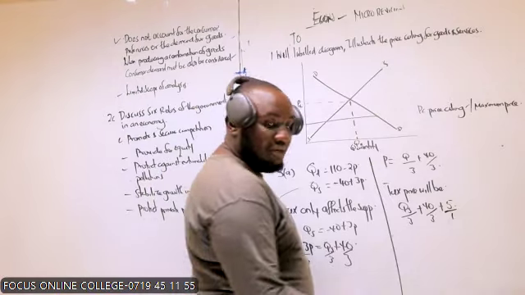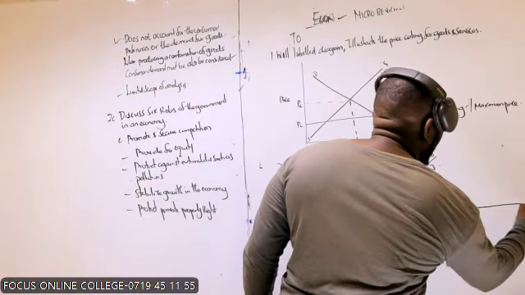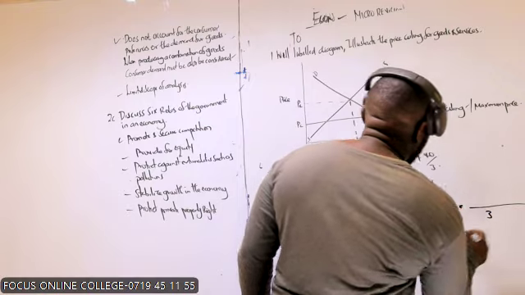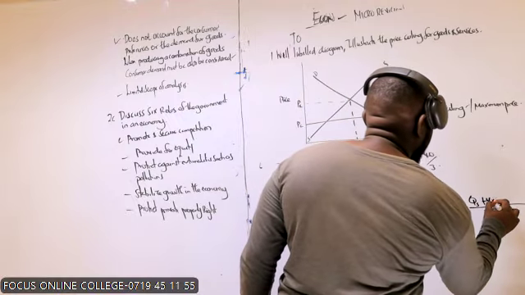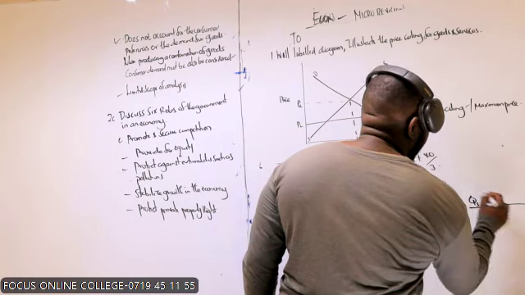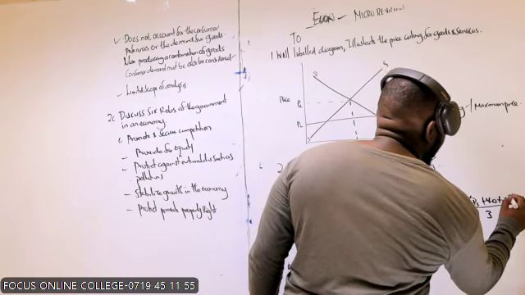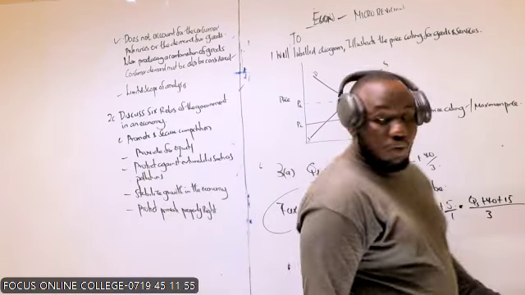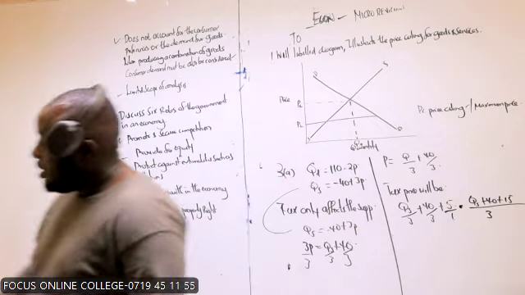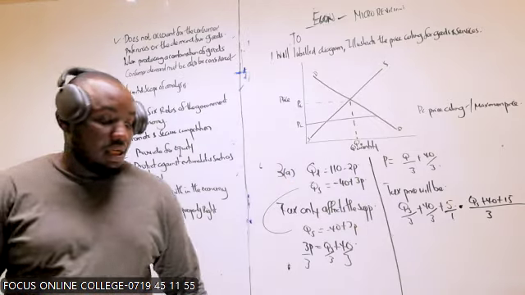If you have an LCM, what is the LCM? The LCM is 3. So 3 goes down, QS plus 40. Then 3 times 5, that is 15. We have it as 15. Are we together?